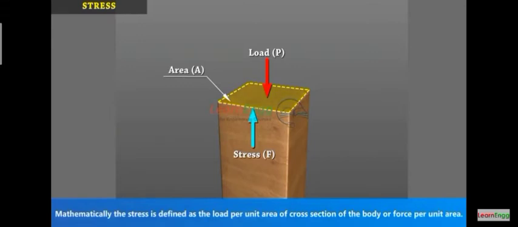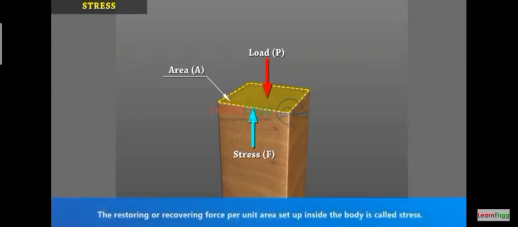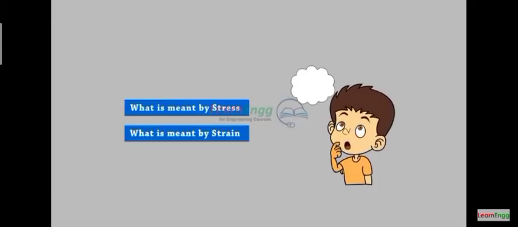So mathematically, stress is defined as the load per unit area of cross section of the body, or force per unit area. The restoring or recovering force per unit area set up inside the body is called stress.